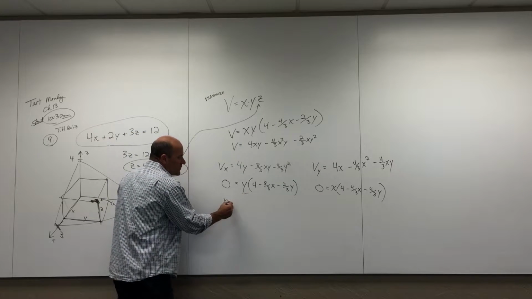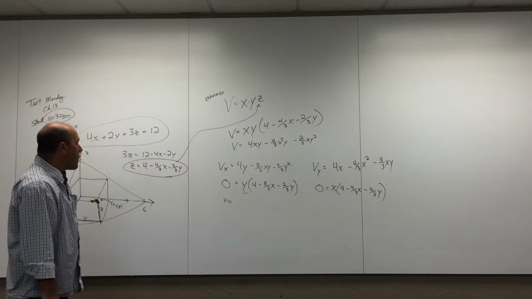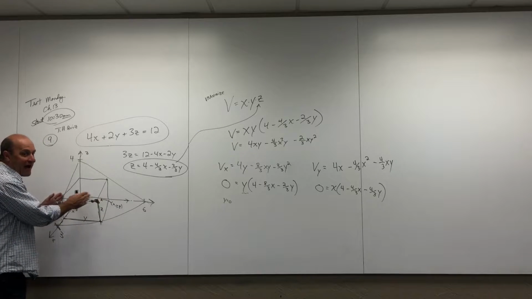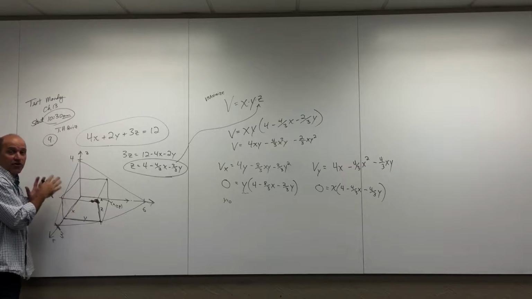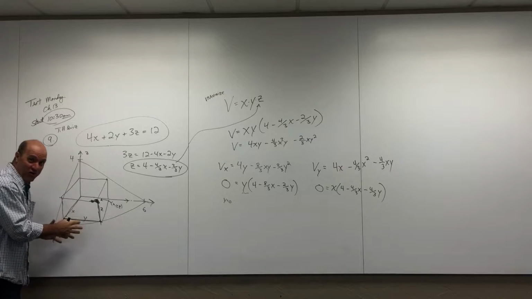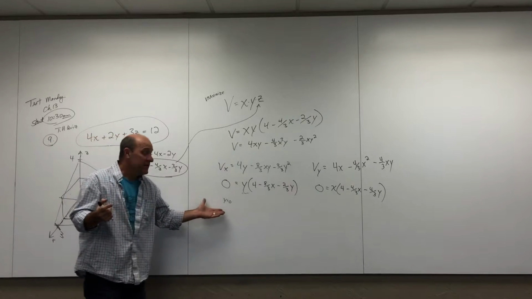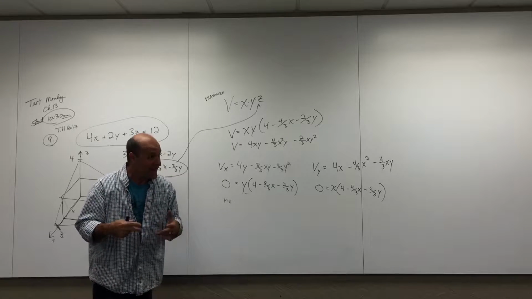If you're setting this equal to 0, you get y equals 0. If y equals 0, your box ain't got no volume. You hear me? If y equals 0, your box ain't got no volume. So perhaps that's a critical number. It's a legitimate critical number that leads to a minimum volume, because you ain't got no volume.